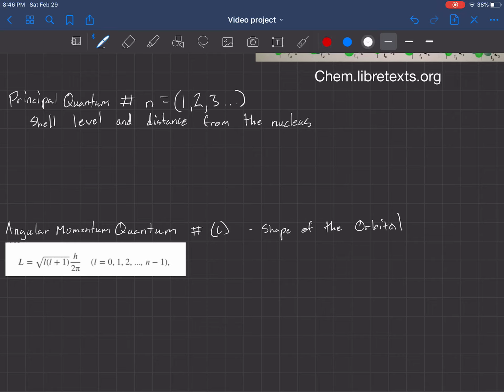So if we have a nucleus here, this distance could be 1, and this distance further would be 2, and then 3, etc. The further from the nucleus we get, the larger the number n is, and also we have a higher energy state.